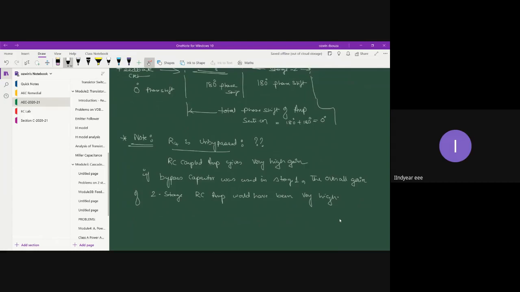So the signal may be very large, and there can be clipping action taking place at the output. That's because the output may be beyond the handling capacity of the amplifier itself. So the output may get clipped.